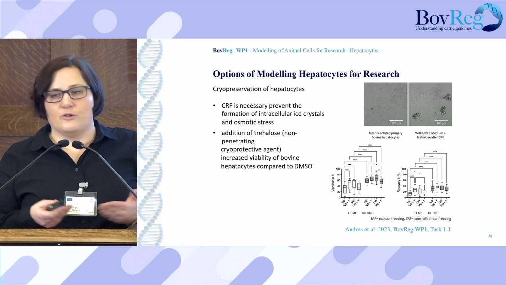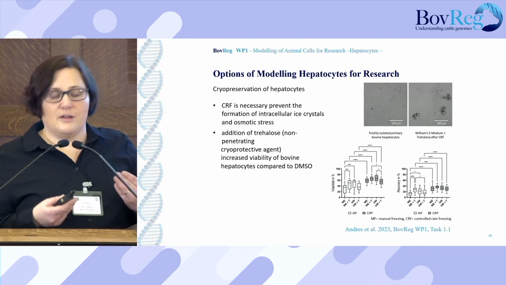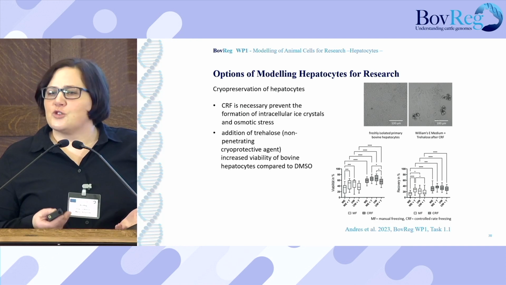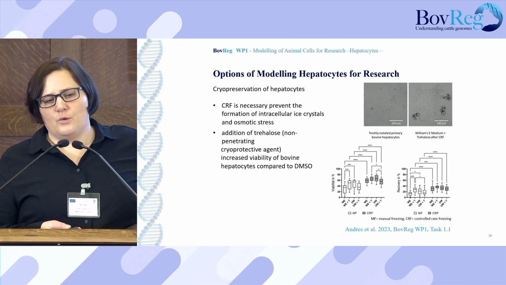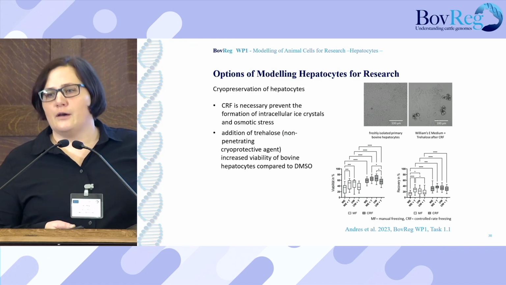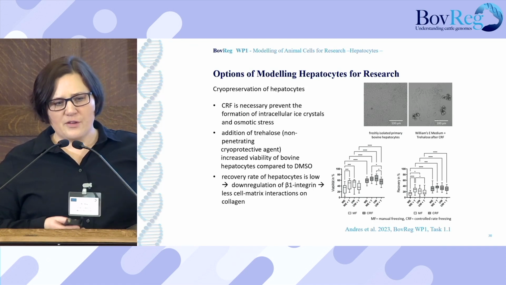We don't know why the bovine hepatocytes are much more sensitive. And we could show that the addition of trehalose, as a non-penetrating cryoprotective agent, was better than the others.